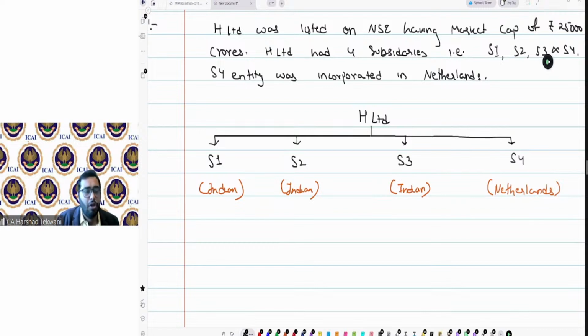Okay, so not exempt basically. Now, as a part of parent, so that becomes parent entity, and these are the subsidiaries. As a parent, okay, H Limited is responsible for preparation of financial statement.